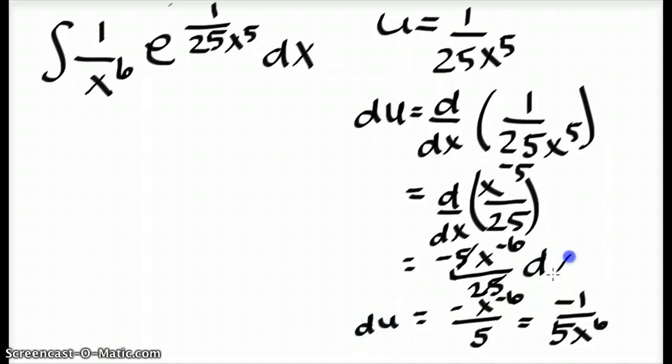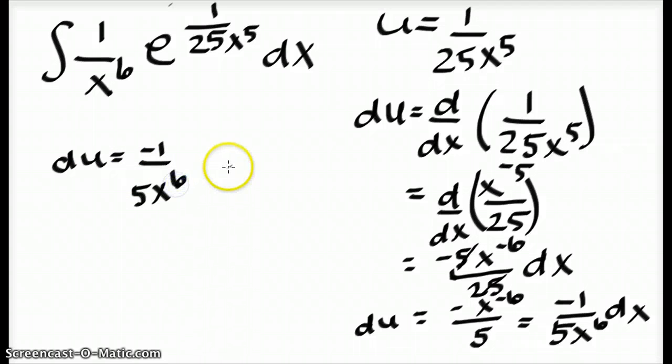Whoops, and we don't want to forget our dx either, right? So dx and dx. So from here, what I like to do is to now solve for dx. So we have what du is equal to, and I'm going to just rearrange this and get it into dx equals. So I'm just going to do that over here. So right now we have du equals negative 1 over 5x to the 6th dx, and I'm going to solve for dx.